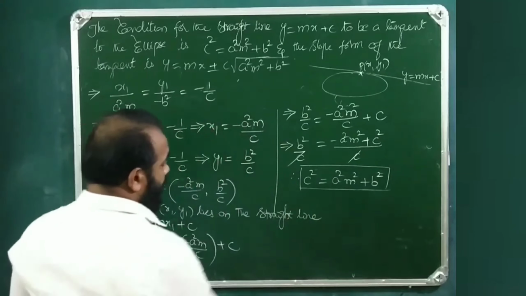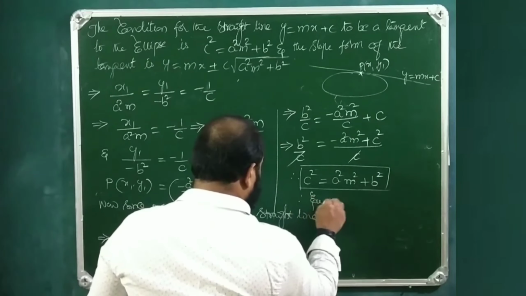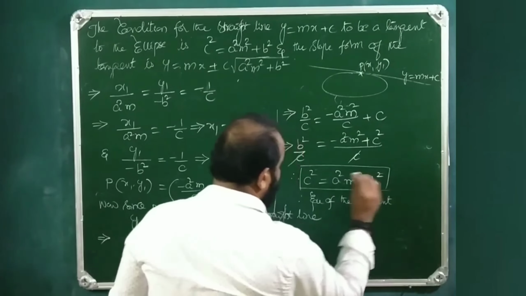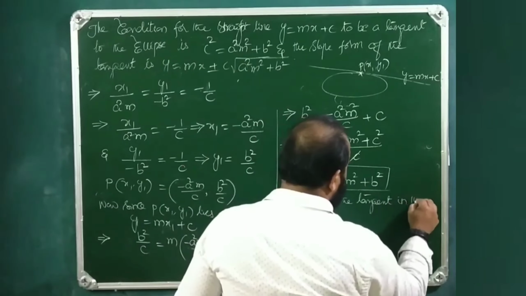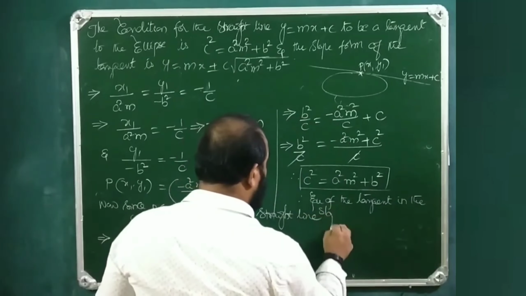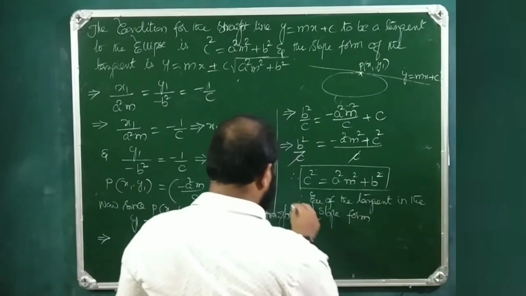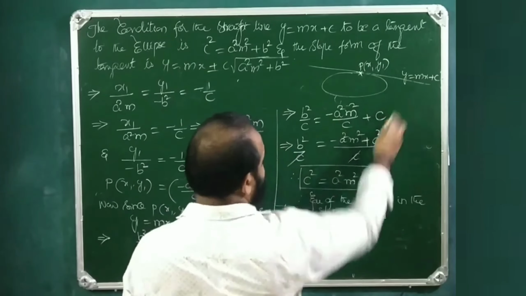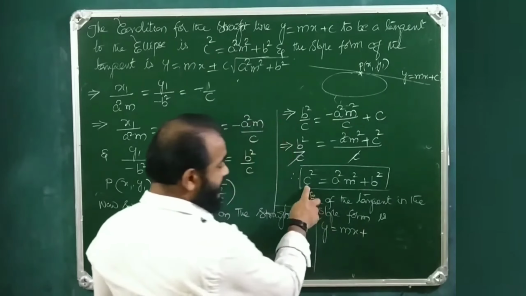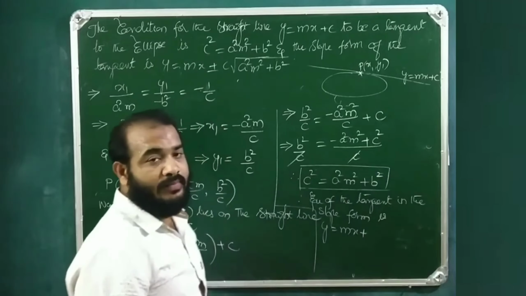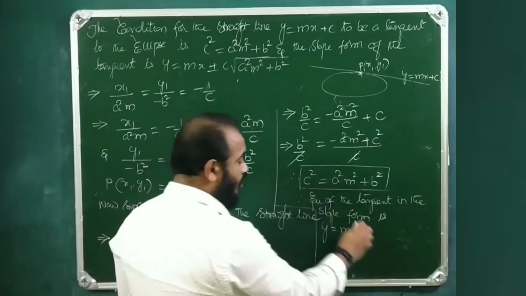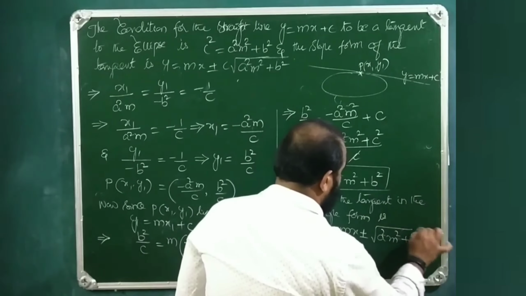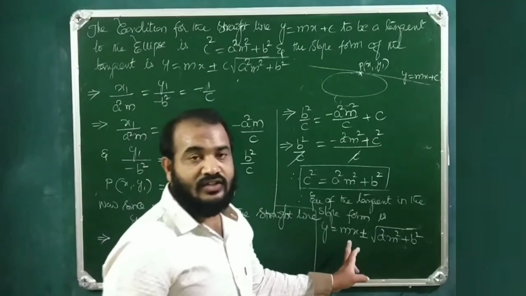Therefore, the equation of the tangent in slope form is y equals mx plus c, where c is equal to plus or minus square root of a square m square plus b square. So this is the slope form of the tangent to the ellipse.